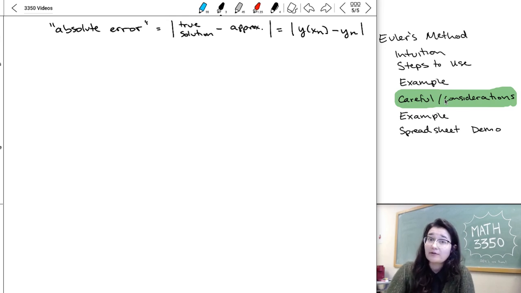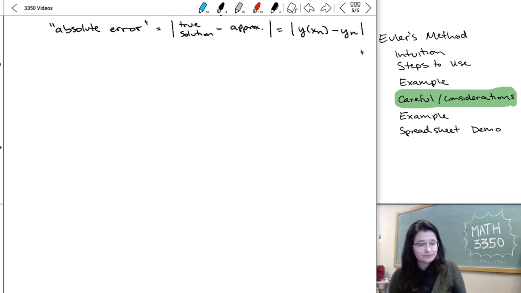This does suppose that you can calculate y of x, that you know how to solve the differential equation, and you're just plugging in the approximation to see how good it is. In this section, you'll be given that y of x. You don't have to solve it, but to see how close the approximation is.